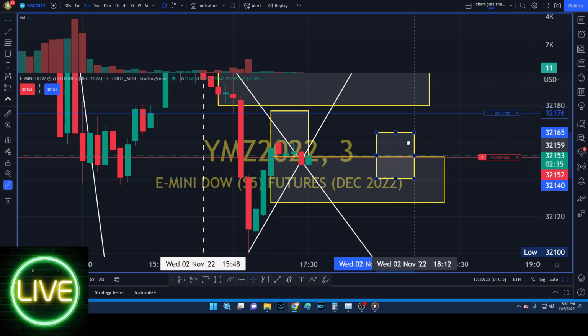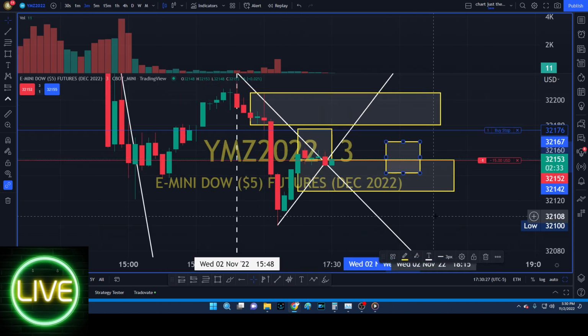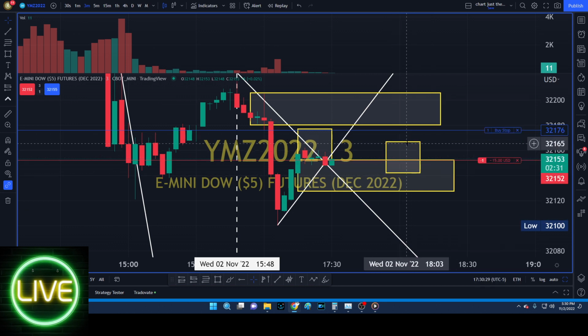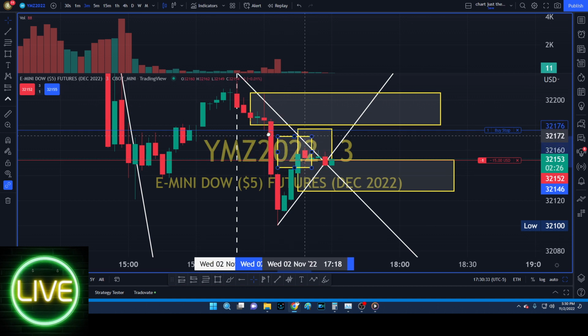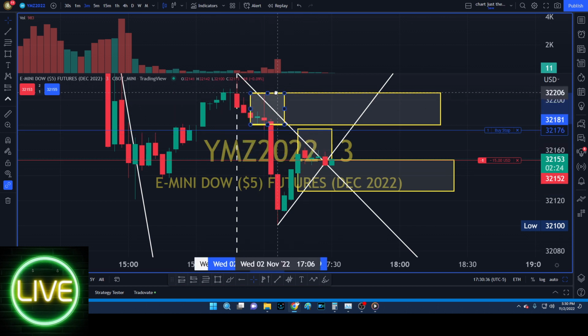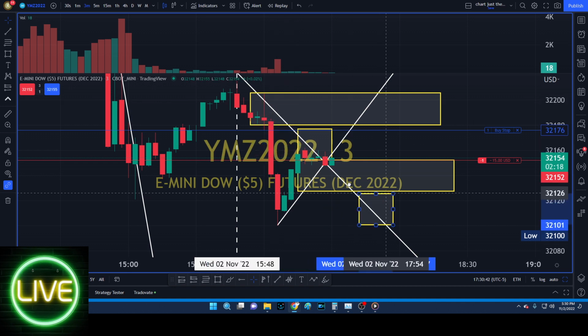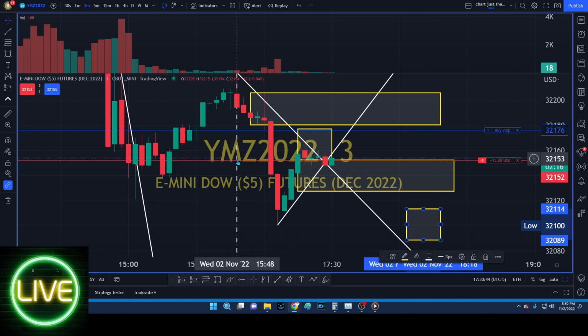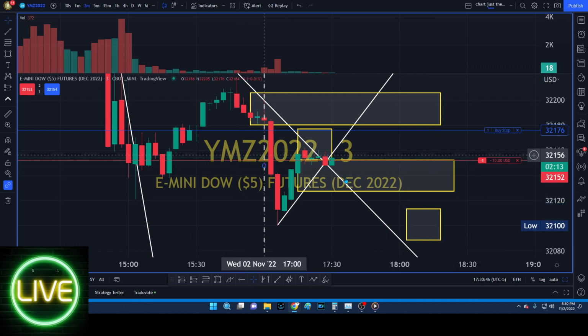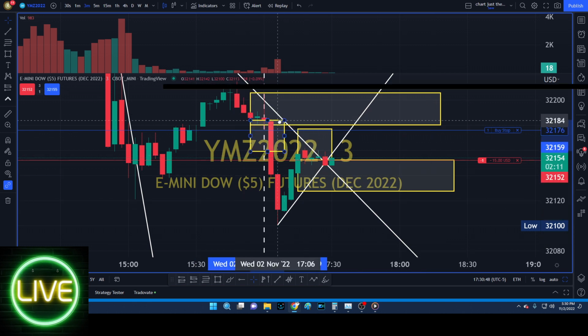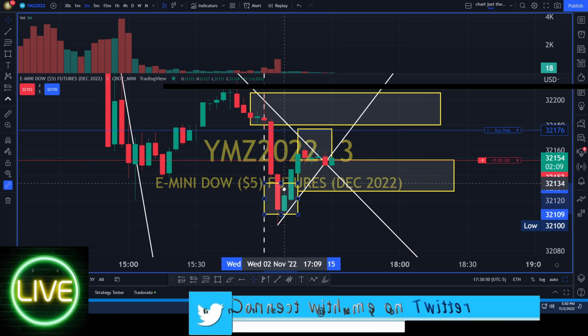So if I'm looking at this move, and I do this during regular hours too, I'm looking to see which moves move outside the ATR more. Is it the down moves or the up moves? And you can see from the beginning of the nightly session, which started at 5, most of the moves outside ATR have come from the downward move.